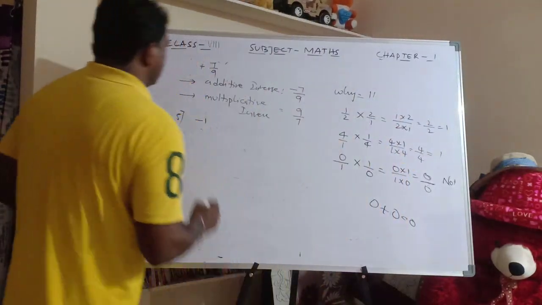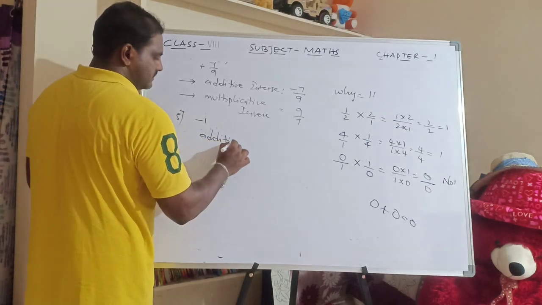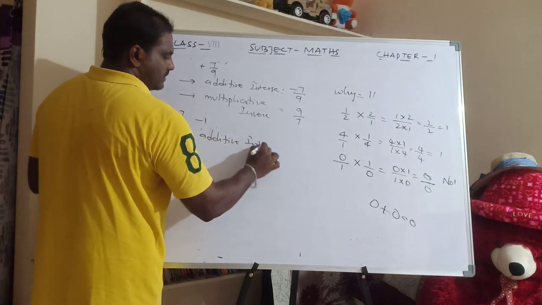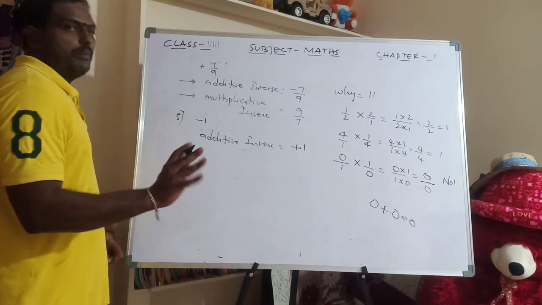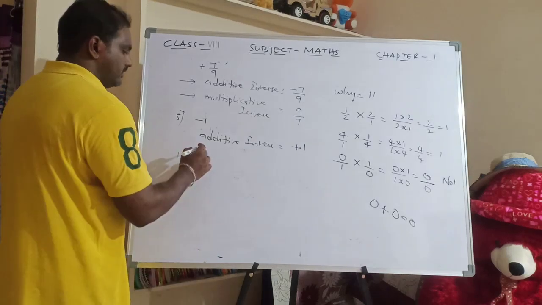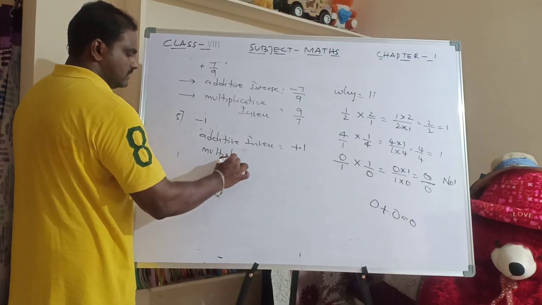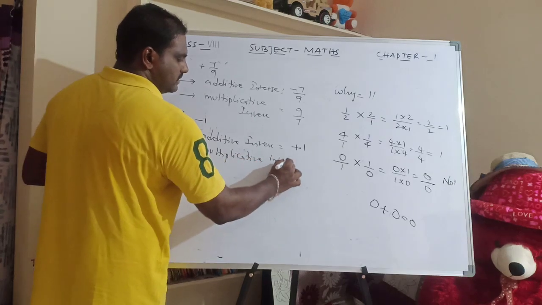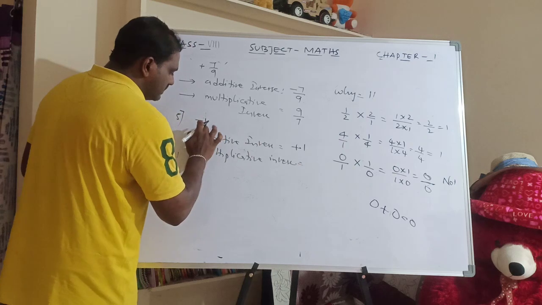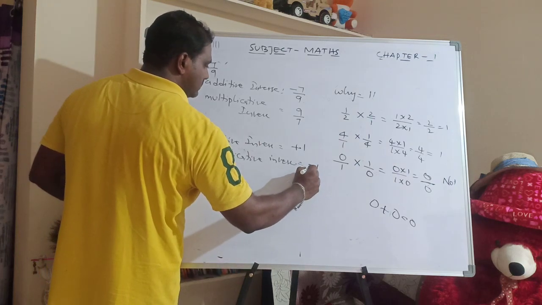Now for this, what is the additive inverse? What do we have to do? Plus 1. We write the opposite symbol. And what is the multiplicative inverse? If nothing is given, we take it as 1. So minus 1 by 1.